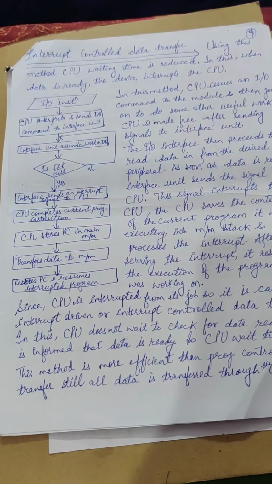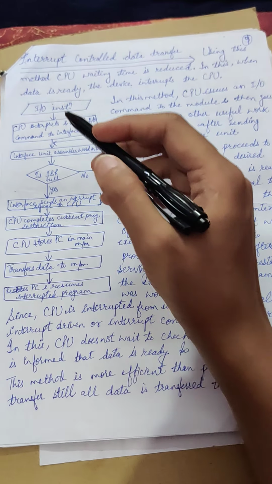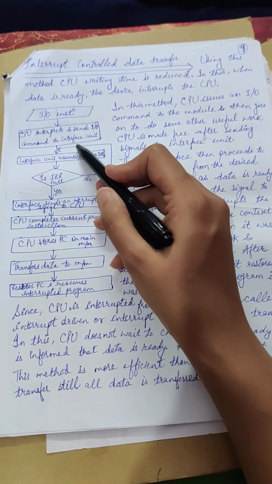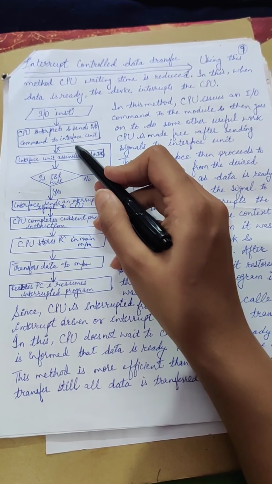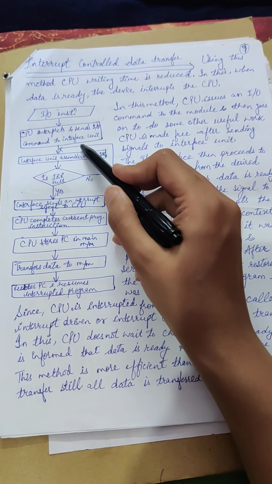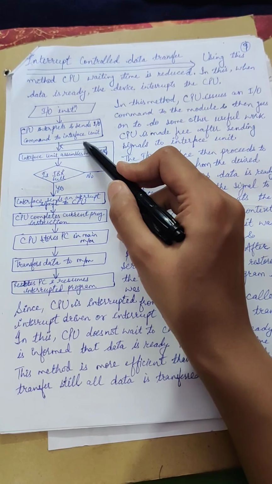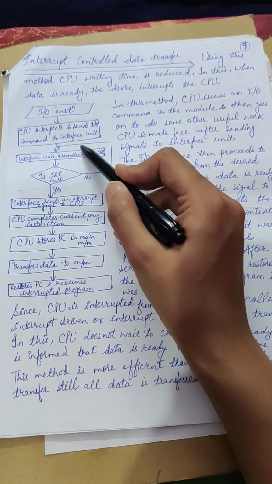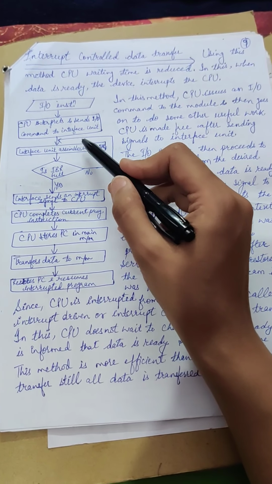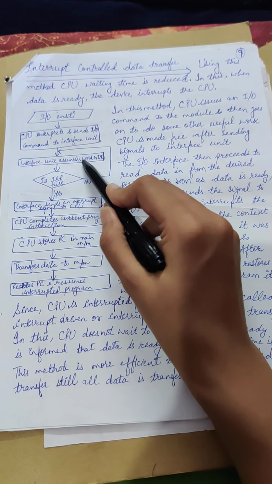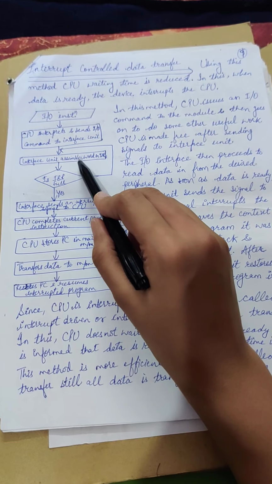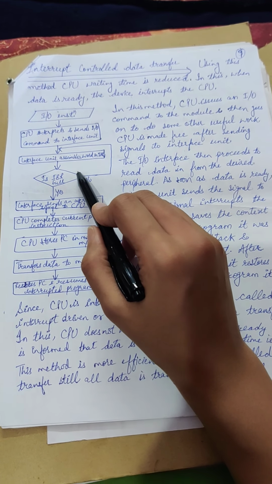In this method, the CPU issues a command to the module and then does its own work. That means the CPU is free after sending signals to the interfacing unit, and the I/O interface then proceeds to read data from the peripheral devices connected to it.